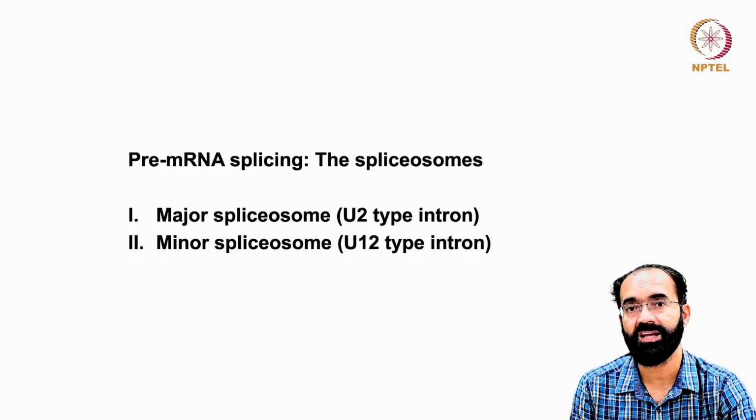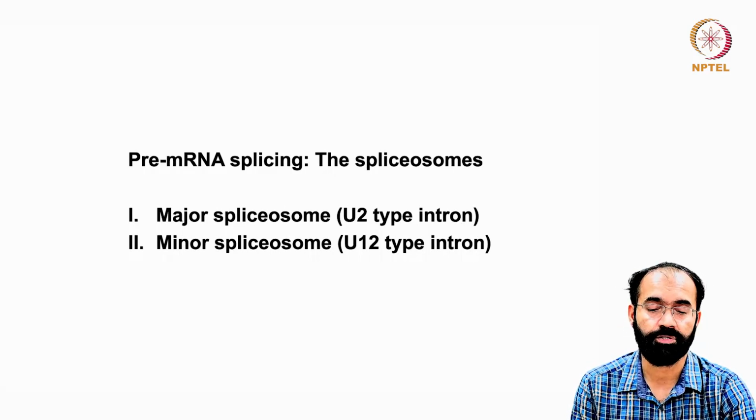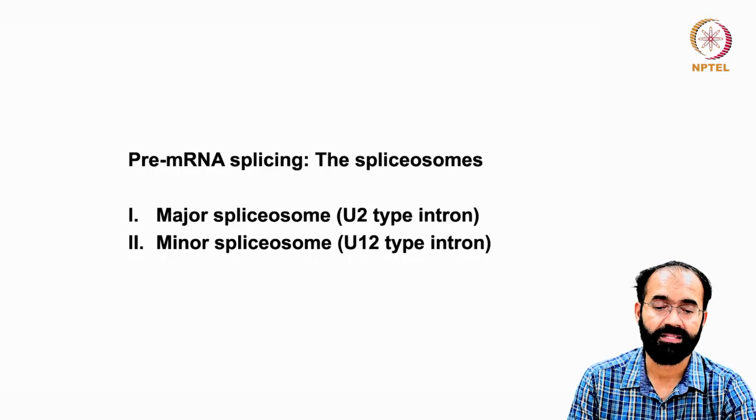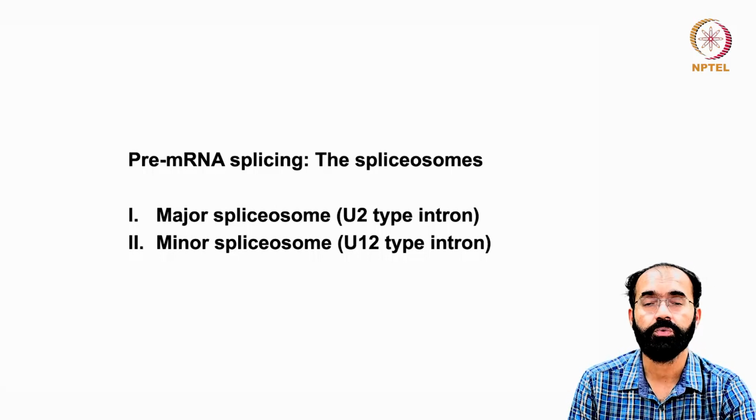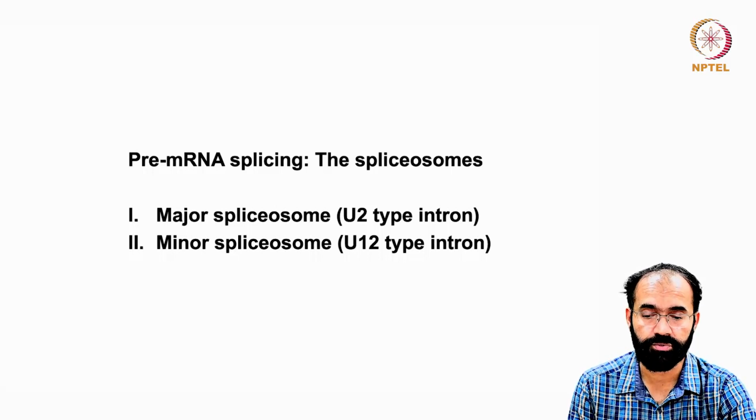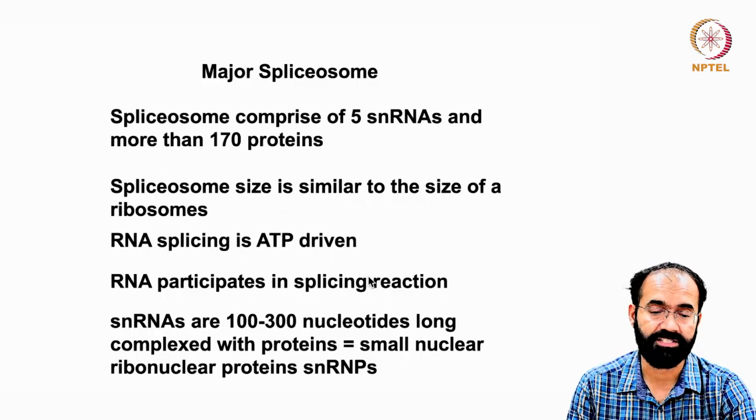Same way, the prevalence of the major spliceosome is more obvious, whereas the minor spliceosome is a tiny fraction of it. But the main difference is that U1 and U2 are used in the major spliceosome, whereas U11 and U12 are used in the minor spliceosome.